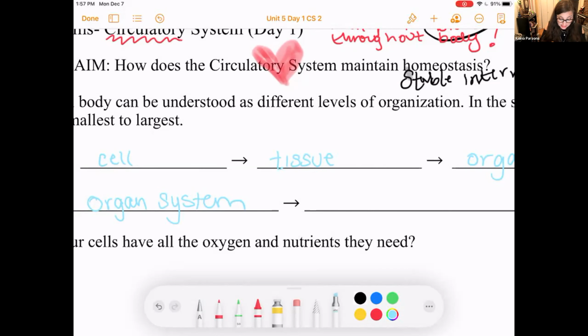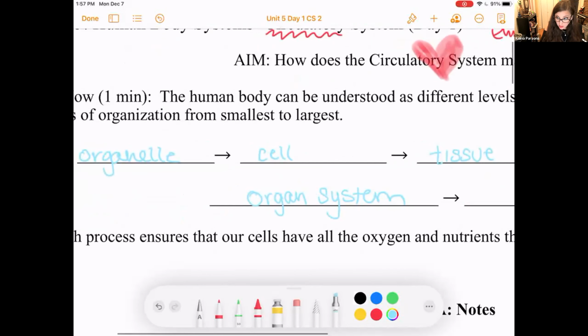So you can think about it like a cell is a group of organelles working together to perform the basic life functions of that cell and help it carry out a broader goal as part of a group of cells in tissue.